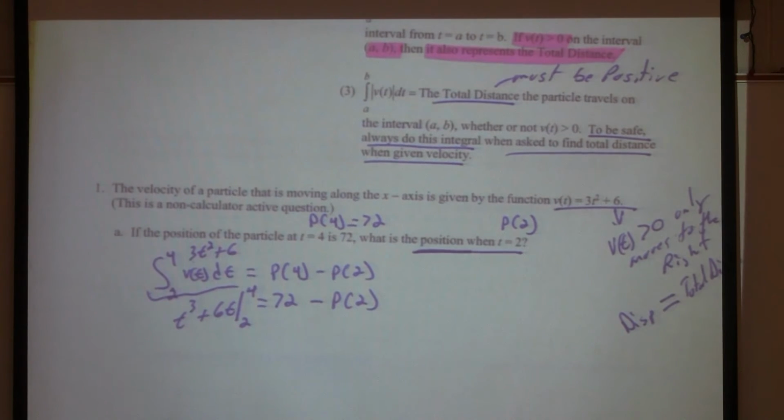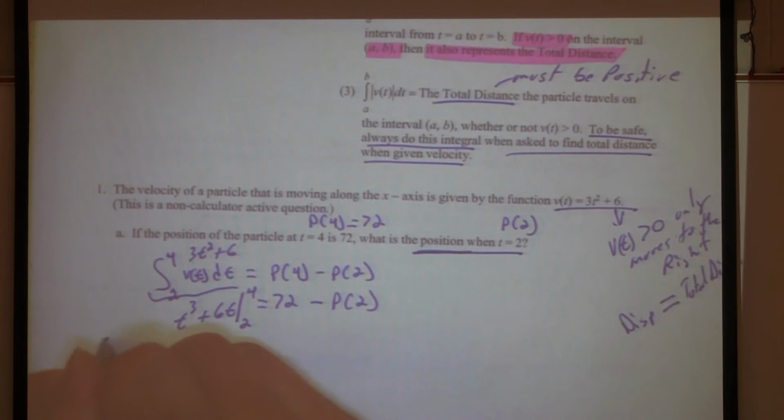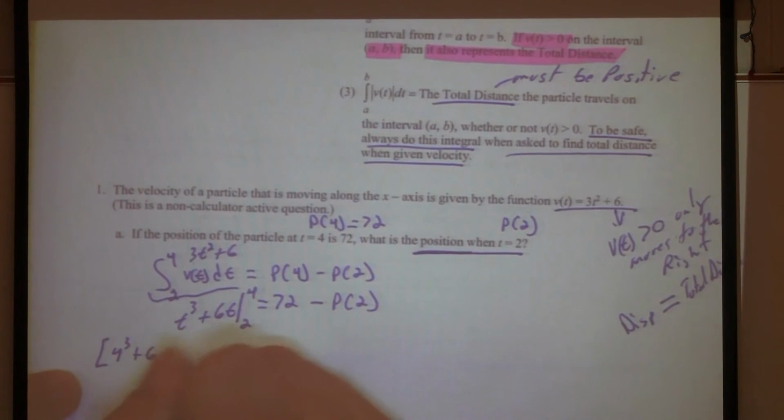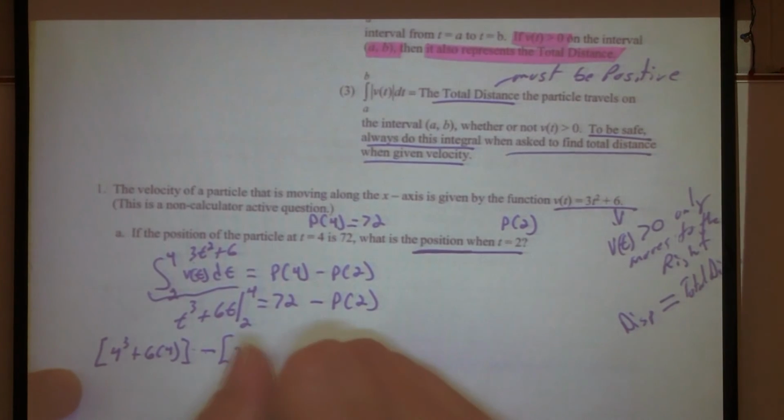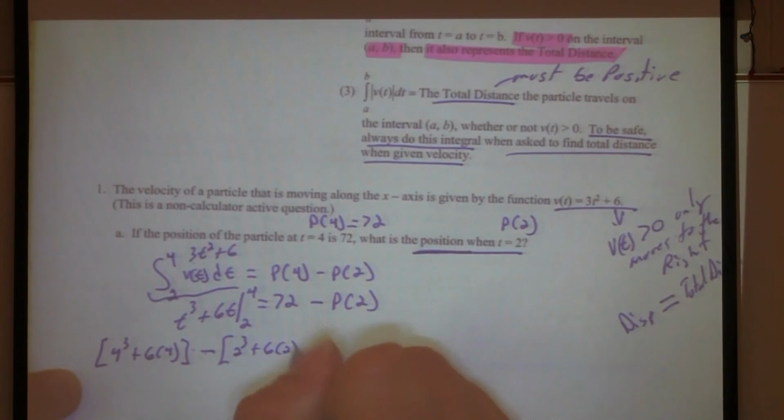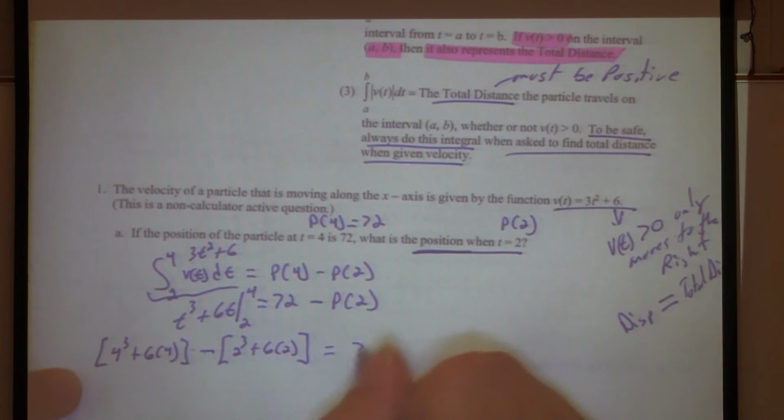And we're going to evaluate it from 2 to 4. So remember, we plug in the upper limit: 4 to the third plus 6 times 4, minus, plug in the bottom limit: 2 to the third plus 6 times 2. And that should equal 72 minus p of 2.